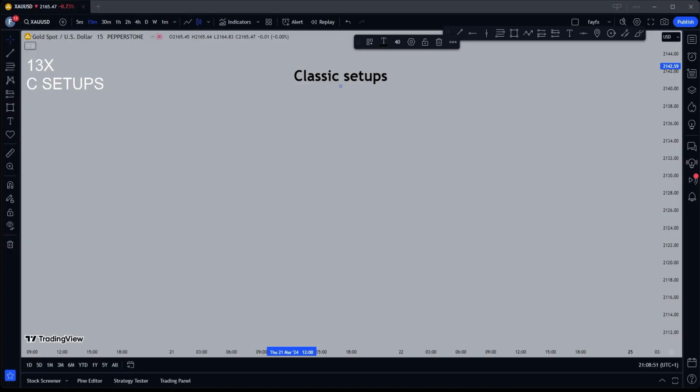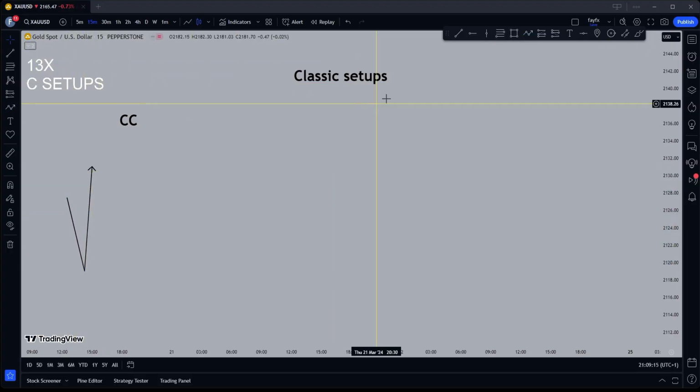So let's do a short recap about CC and equilibrium. A CC, we can find a CC at a V level, and we can find a CC at A level.